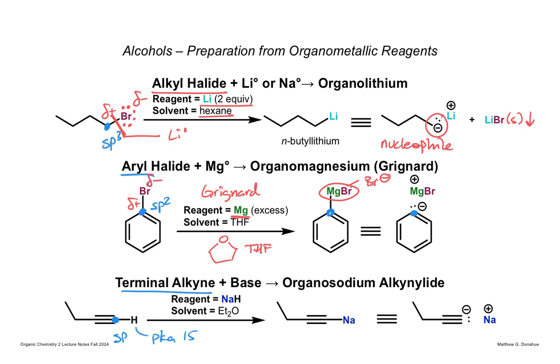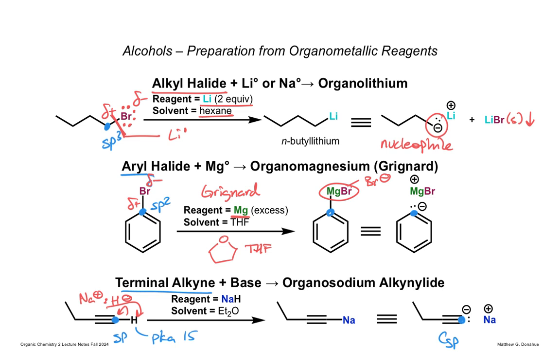So if you treat with a base, the base will abstract that, and that's how you get your negatively charged carbon atom. And so these are different methods for generating those based on hybridization.